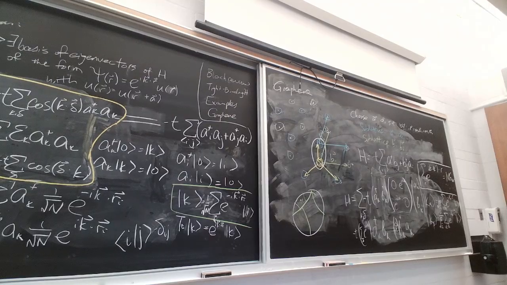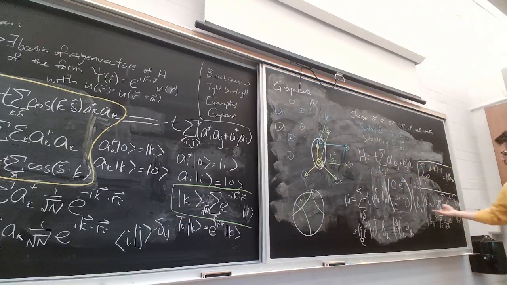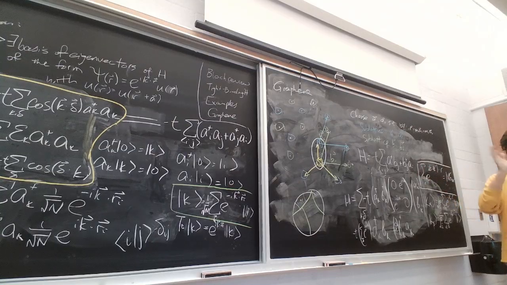Okay. But do people see how graphene was a little different from maybe the square lattice? Because now your lattice isn't one lattice, it's really two lattices. So you get a kind of two-dimensional basis. There are two parts to it.